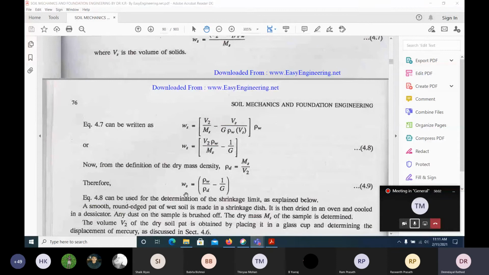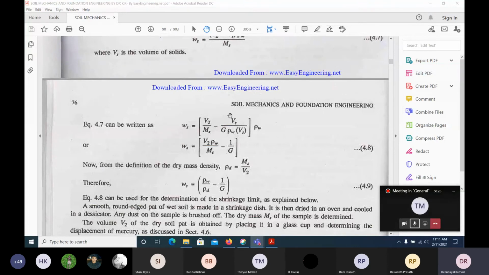Once you know the specific gravity, the dry density and the density of water, you can find out the shrinkage limit. We have seen how to find the specific gravity of a soil and how to find the dry density. Once you know these two parameters, we can find out the shrinkage limit.